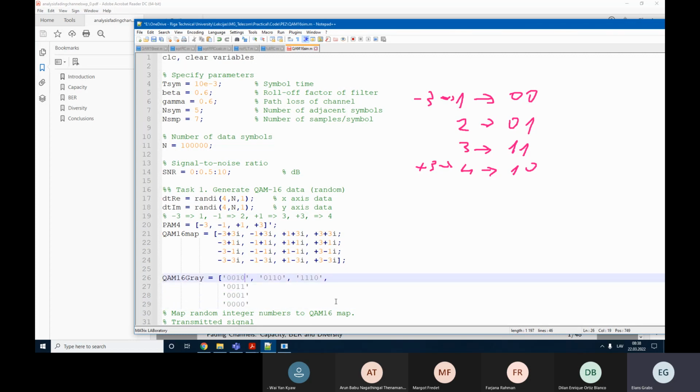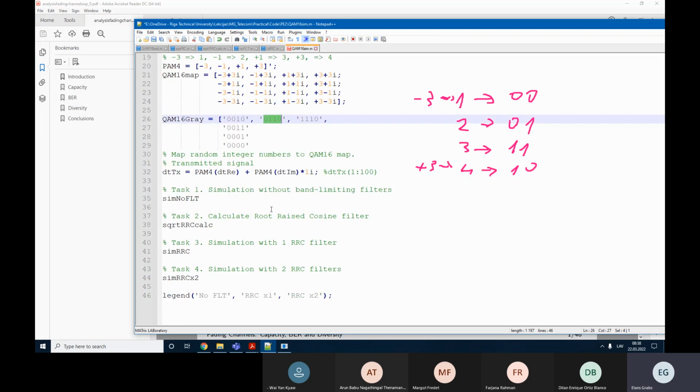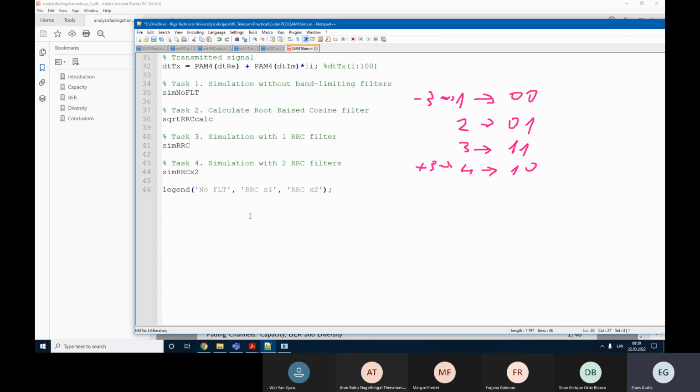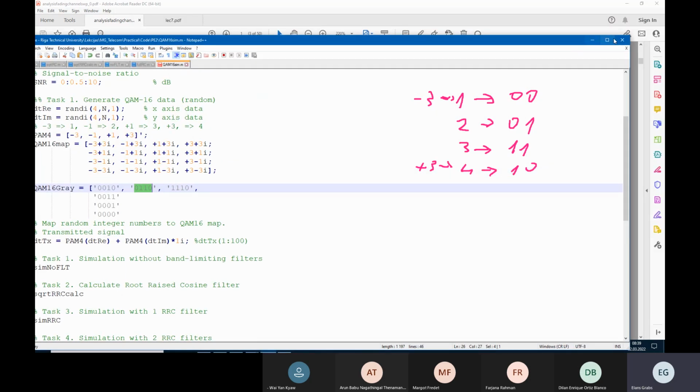Similarly, we replace everything remaining. Then, after we have the received symbol, we find the indexes in this matrix and read the code word. Similarly, we do for the transmitted signal. It's a little bit difficult at once to tell how it's done, but eventually we will work with this later in our next practical exercises. So this idea will be described in more detail.